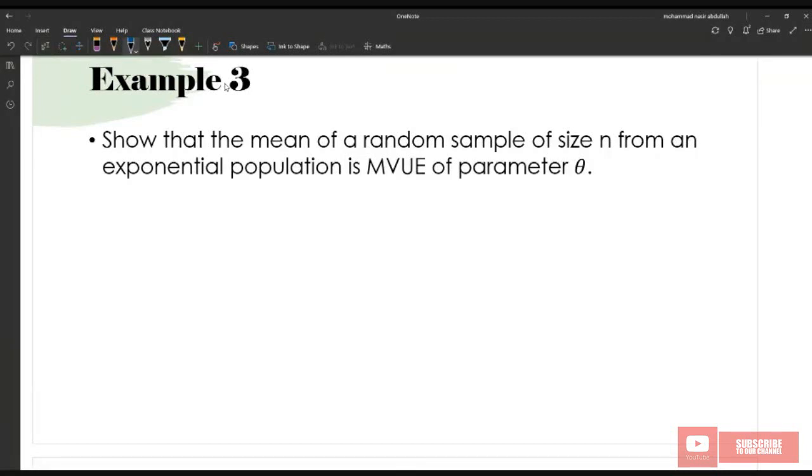Show that the mean of a random sample of size n from an exponential distribution population is minimum variance unbiased estimator for the parameter theta. So we know that the PDF of the exponential distribution is f of x, theta equal to 1 over theta exponential negative x over theta, right?